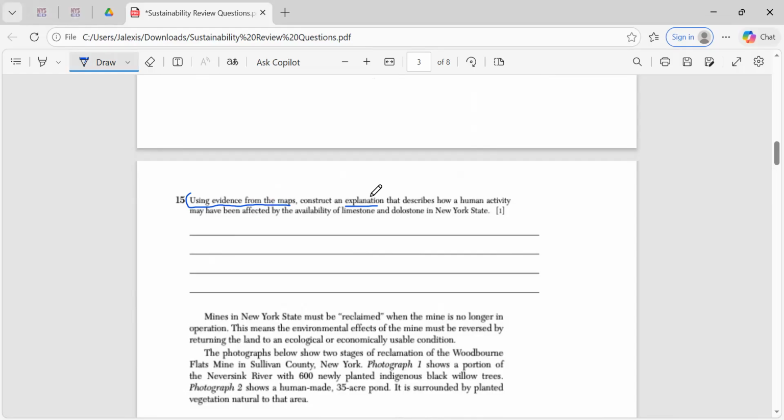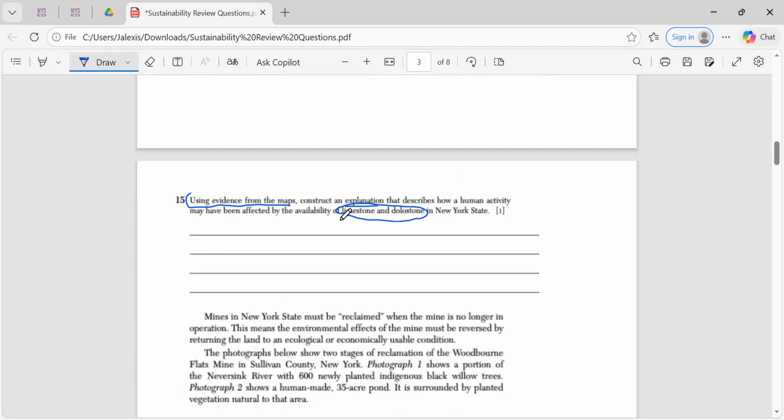I need to make an explanation that describes a human activity. What are humans doing that could be affected by the availability of limestone and dolostone? So the first question I've got to ask myself is, what is limestone and dolostone even used for?